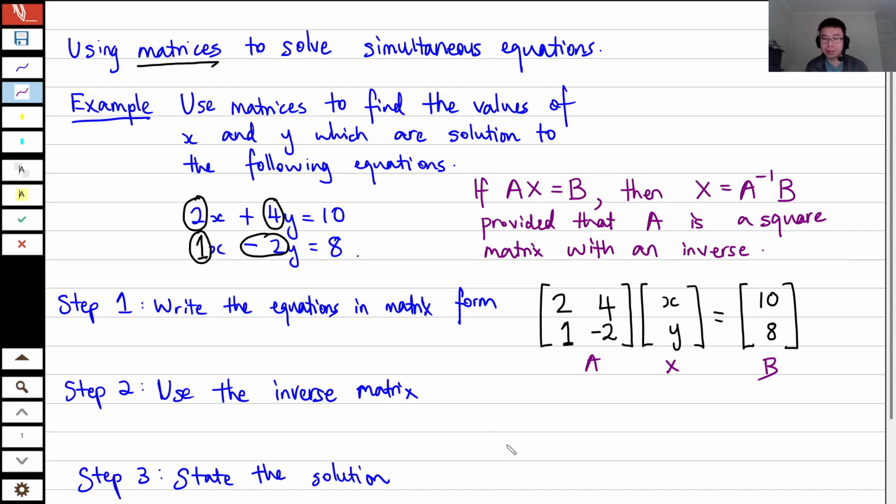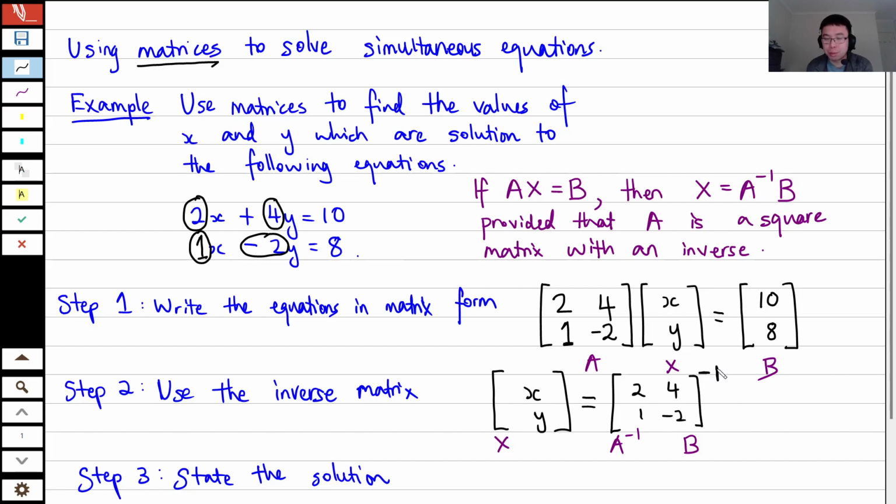Now I want to write capital X equals A inverse times B. In other words, the matrix with the letters x and y, which contains our solution, is going to be the inverse of 2, 4, 1, negative 2. And I'm going to put a power of minus 1 here to clearly indicate that I'm finding the inverse.